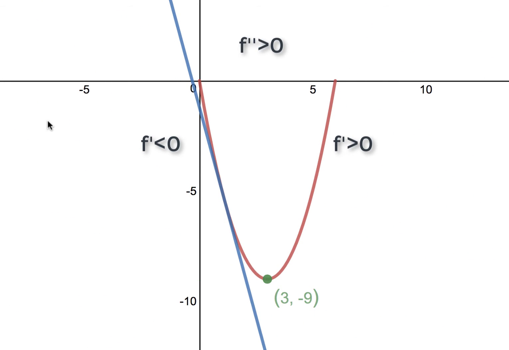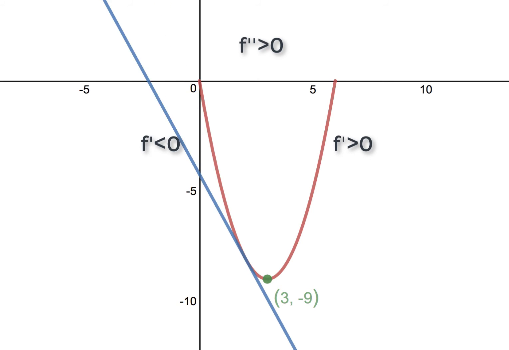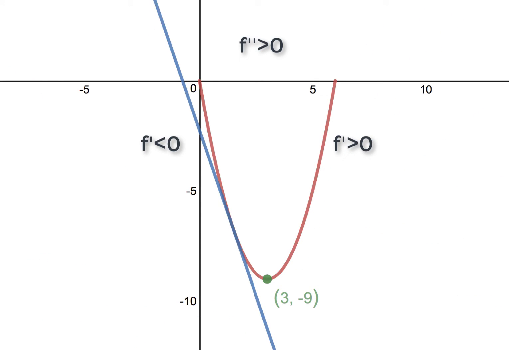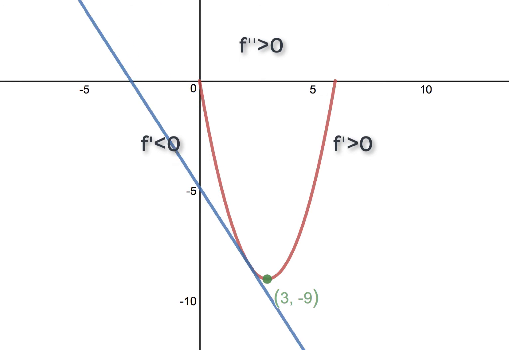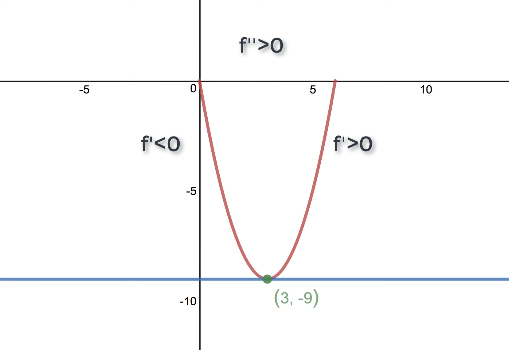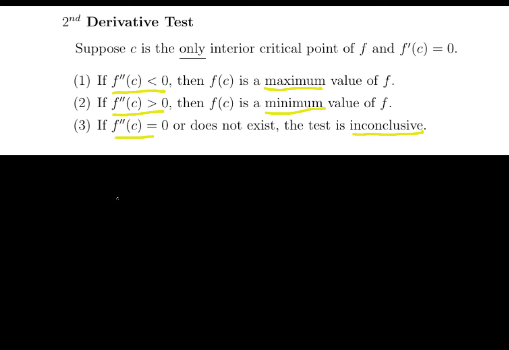And again, the rate of change of slope is the second derivative, and that's why at a minimum we've got to be in some region where the derivative is increasing as we move along, which makes the second derivative positive. And so here we have a min, and what we'll discuss in the next section is that the shape of the graph is what's called concave up, and that occurs when the second derivative is positive. Okay, so hopefully that helps with your intuition for the second derivative test.